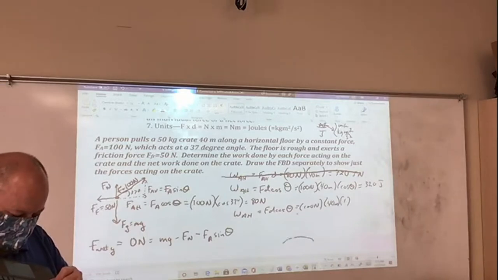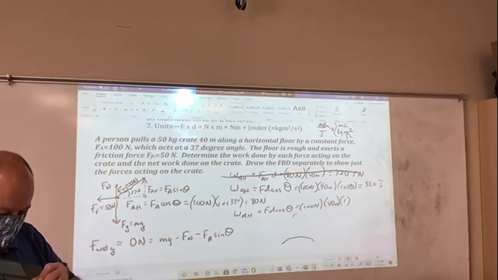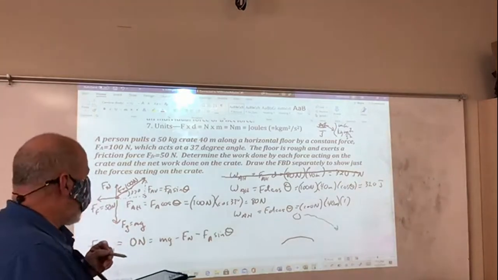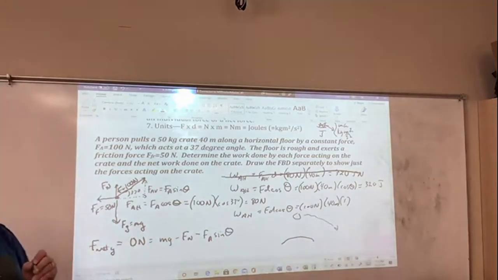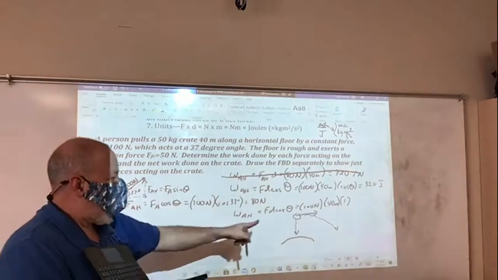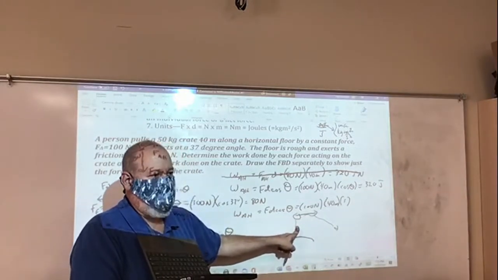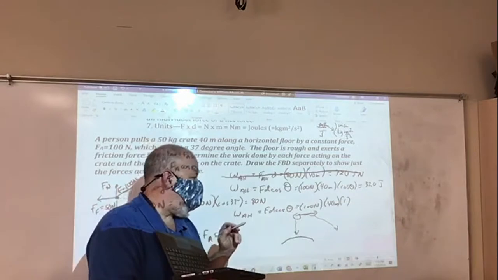I have the moon rotating around the earth. What's the direction of the force of gravity on the moon? Straight down, right? What's the direction of motion of the moon at that point? The direction of motion of the moon at that instant is exactly perpendicular to the force of gravity.